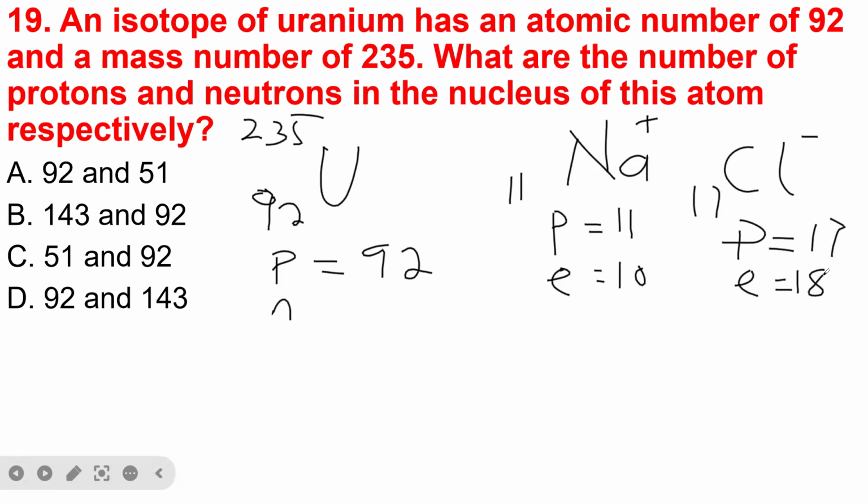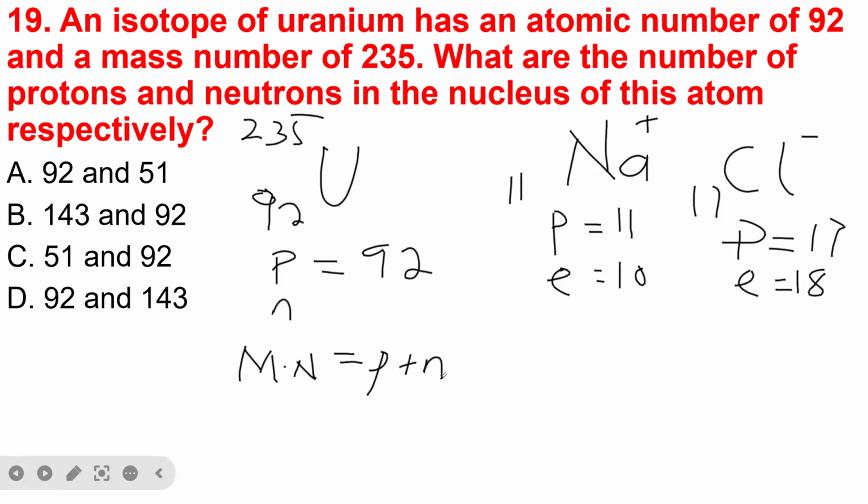Here we have the mass number as 235 and the proton number is 92. To calculate the neutron number, you use a formula which says mass number is equal to proton plus neutron.